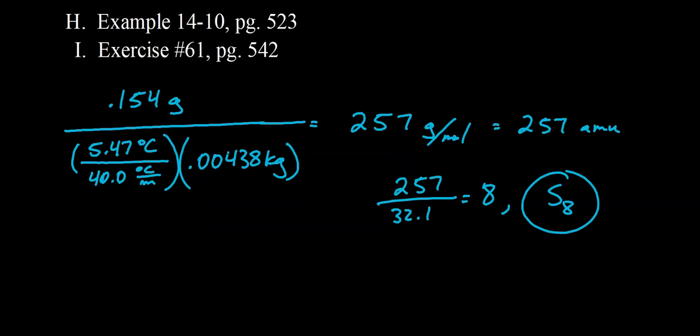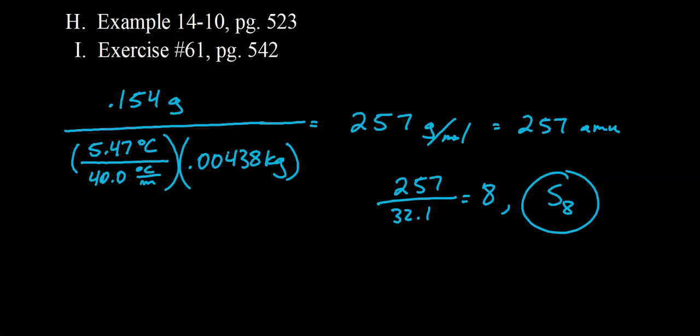All right, so I combined some things again into one setup. So took the mass of sulfur, 0.154 grams, divided it by all of this. So 5.47 is the freezing point depression. It already tells us how much the freezing point goes down by.